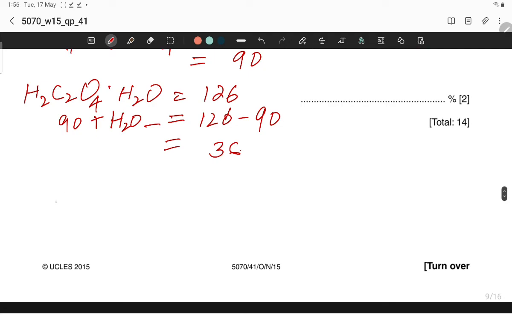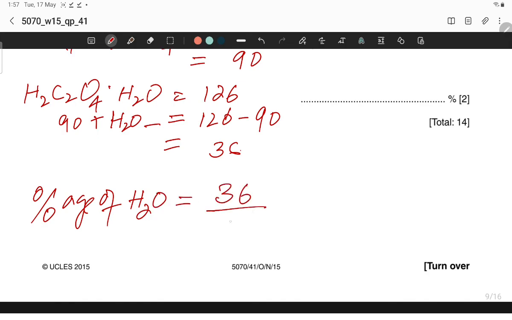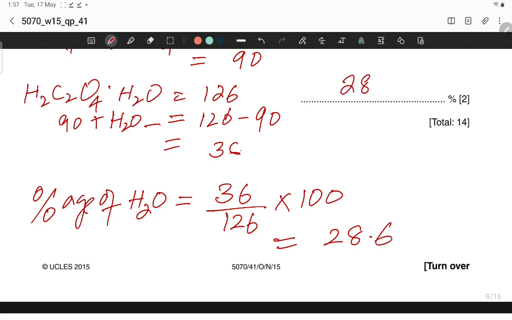So percentage of water is equal to 36 divided by 126 into 100, which is equal to 28.6. So the percentage is 28.6.